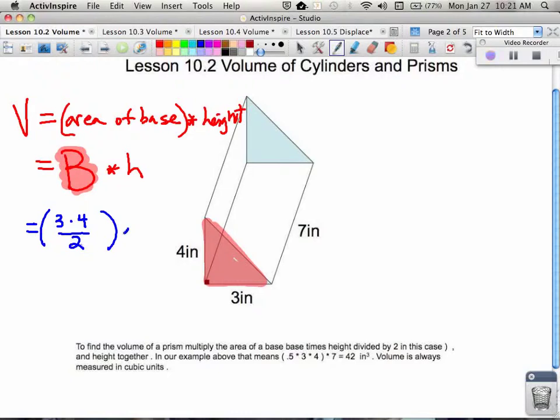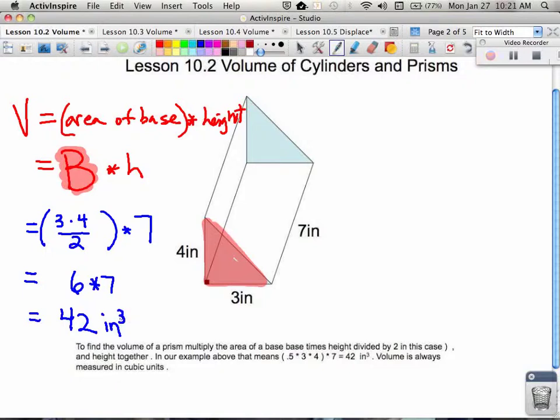Then I multiply by the height of the prism, which is perpendicular to the base. In this case, it happens to be 7. Simplifying, 3 times 4 is 12, divided by 2 is 6, and then I multiply that by 7. My answer is 42, and my label was inches, so my volume would be inches cubed.